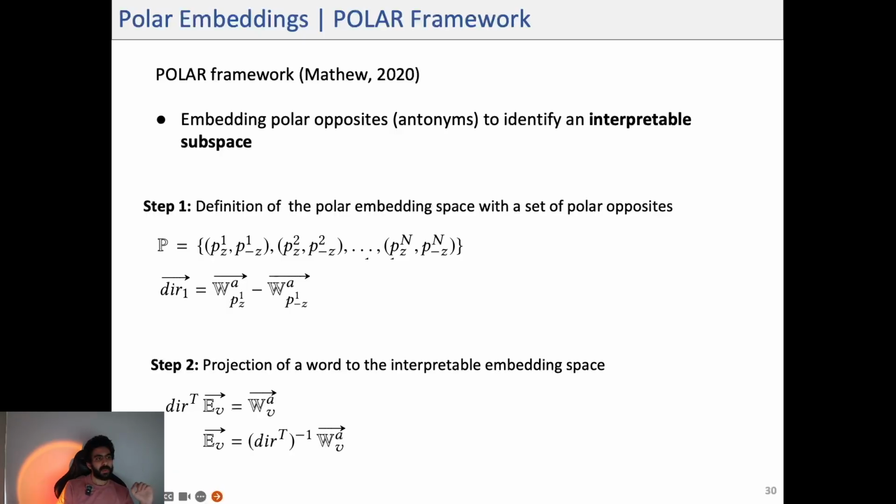Now let's say we want to understand how a word like leader sits within these semantic dimensions.